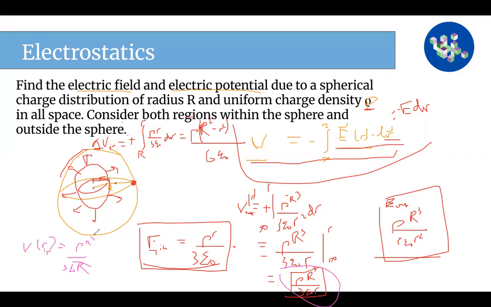So this one will cancel. We get rho times big R squared divided by 3 epsilon 0, and then plus rho times big R squared minus small r squared divided by 6 epsilon 0.